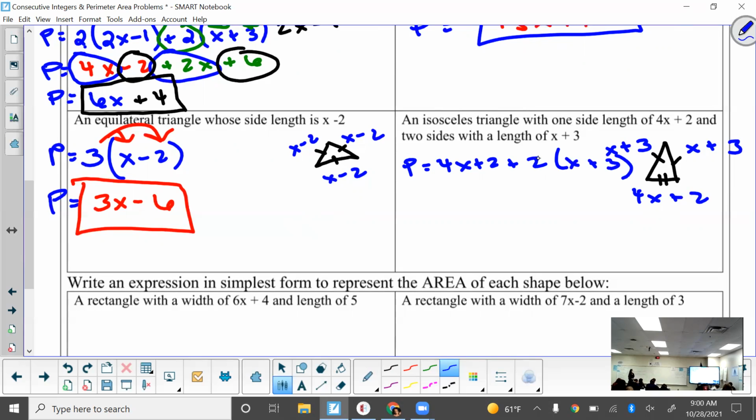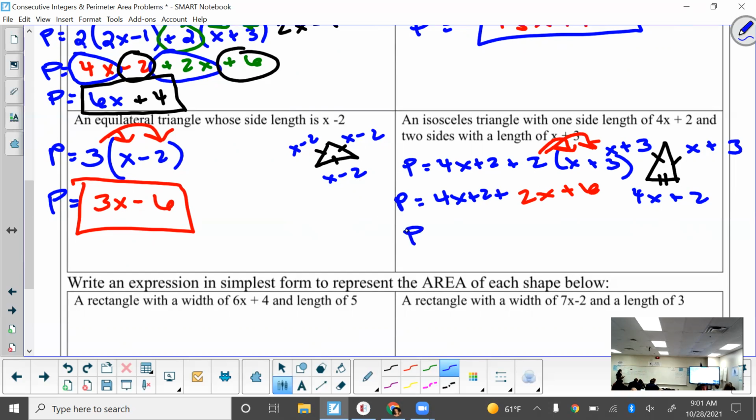All right, but now what comes first? Distributing or combining like terms? Distributing always. If you added these together and then distributed, that would be incorrect. So distribute, what do I get when I distribute? 2x plus 6. Good, and then bring everything else down. 4x plus 2, plus 2x plus 6. Now we can combine like terms.